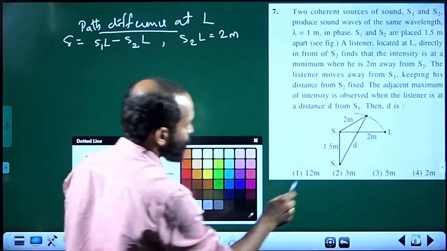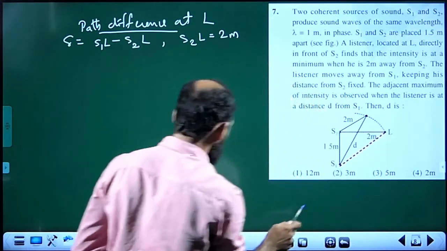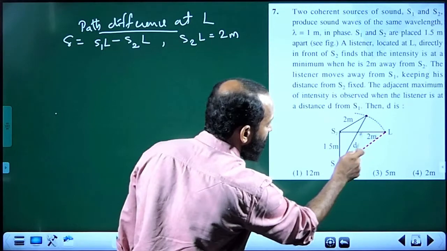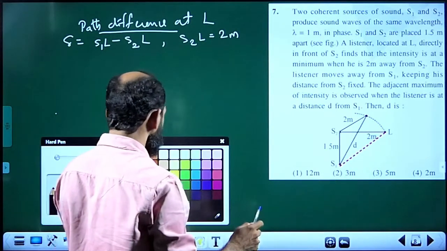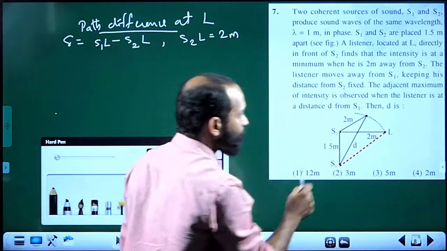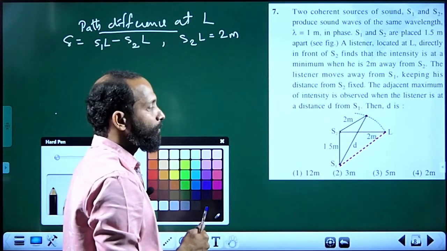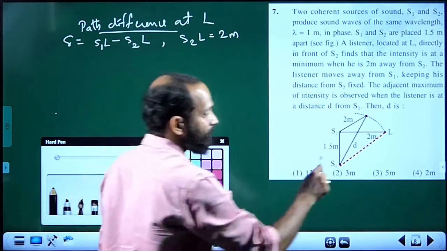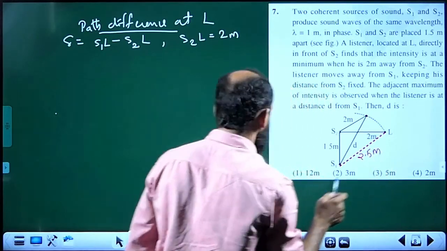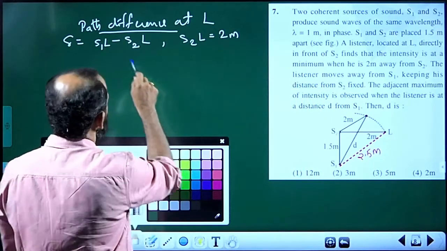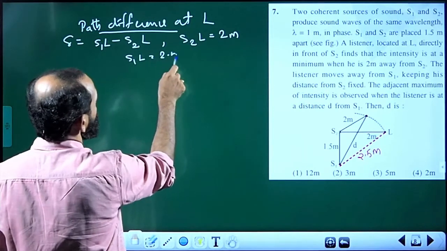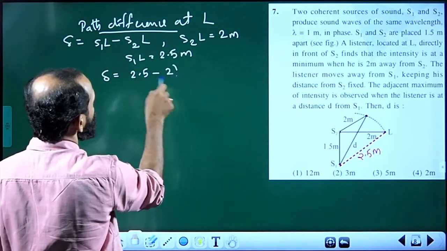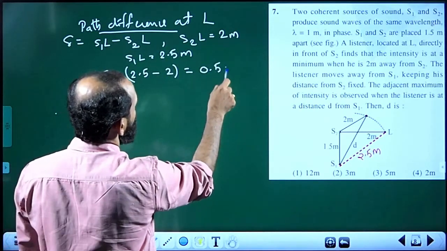For finding S1L, draw the line joining the two and use Pythagoras theorem with 1.5 and 2 meter. It is the square root of 1.5 square, that is 2.25, plus 2 square, that is 4, so the square root of 6.25, that is 2.5 meter. So S1L is 2.5 meter. Now, the path difference is 2.5 minus 2, that is equal to 0.5 meter.